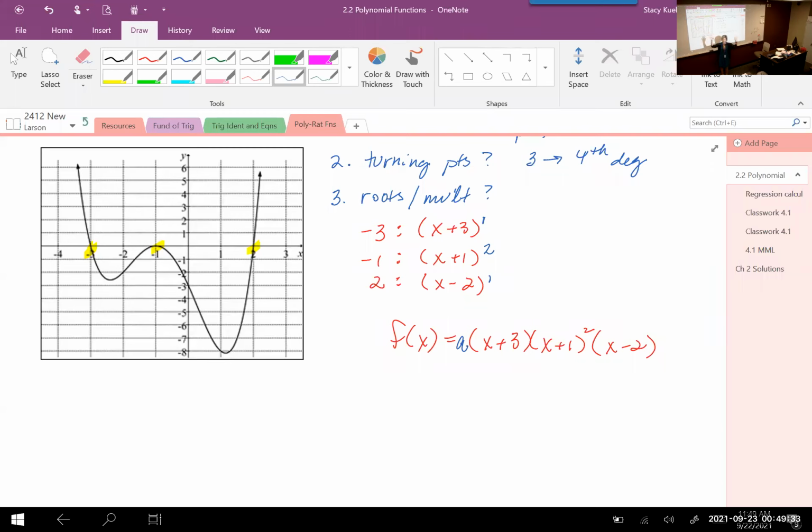I just know it crosses here and the end behavior goes up. So we want to get a little bit more technical with this, and we are going to solve an equation to figure out what this leading coefficient would be, because it's the part that affects our amplitude.